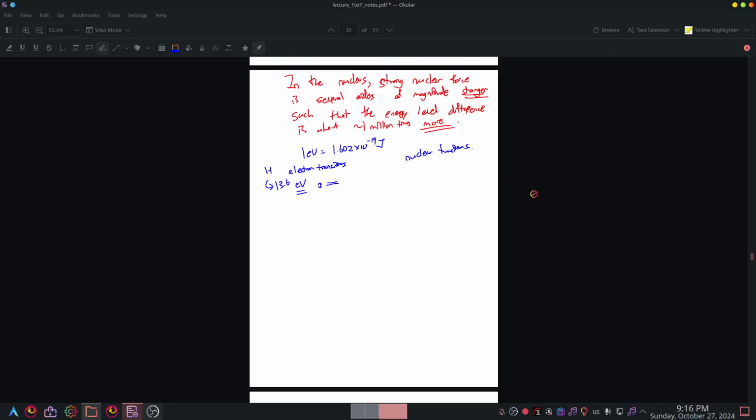I'm not going to draw to scale because it's going to be many times. These are in keV to MeV, usually in the MeV scale. That's how big they are. It's a huge difference, so let's keep that in mind.